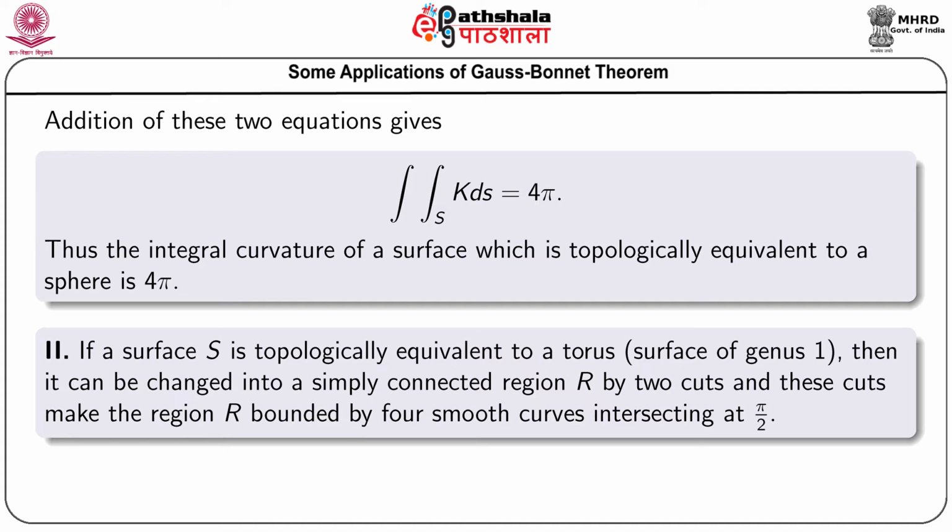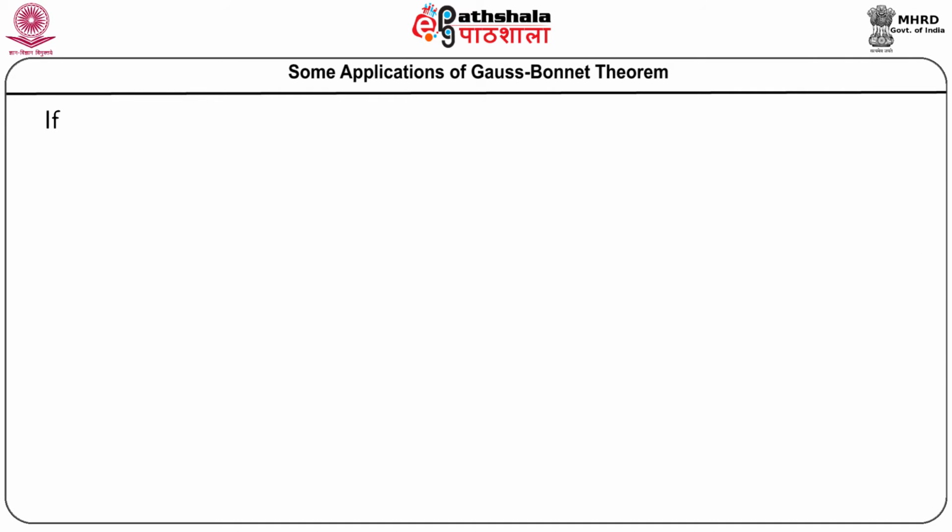So, we can make the surface into a simply connected region R by two cuts, and these cuts make the region R bounded by 4 smooth curves intersecting orthogonally.